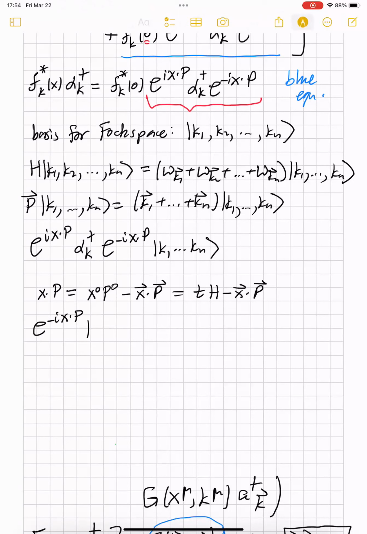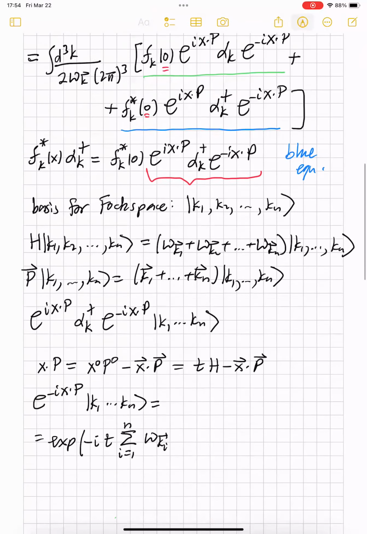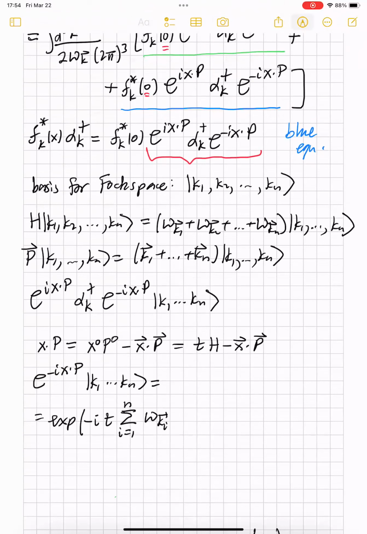So if we've got k1 up to kn, what this will be is e to the minus i t, then a sum from i equals 1 up to n of omega ki. So I've plugged in the eigenvalue for the energy. Remember, when the energy acts on the state, it's just the sum of the omegas.